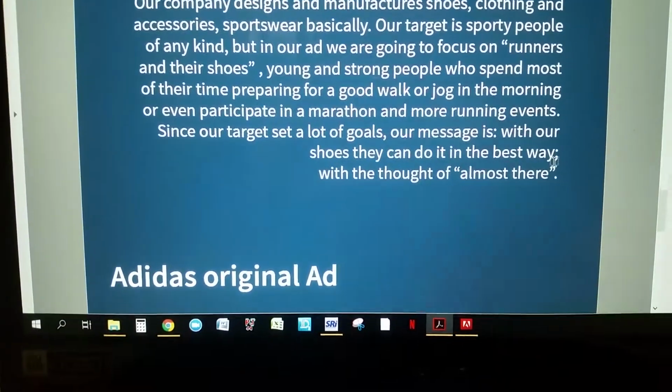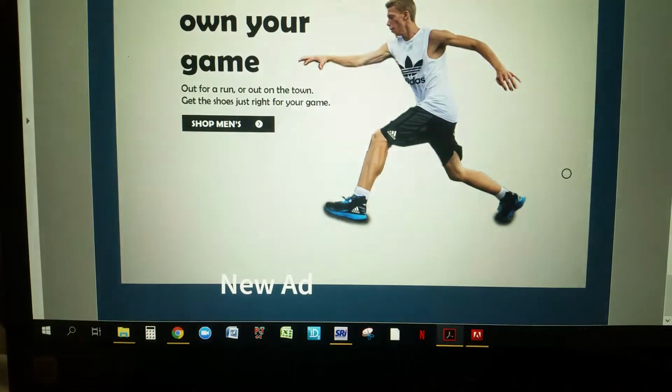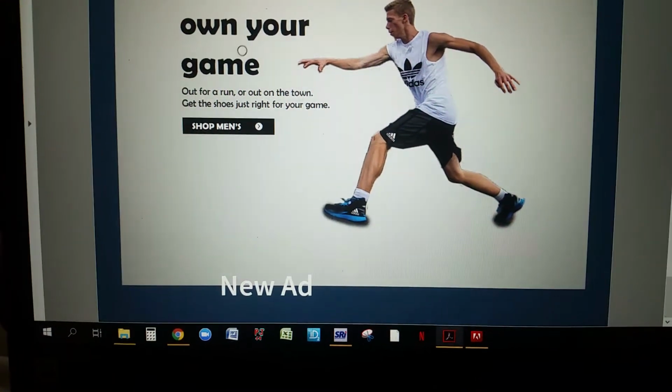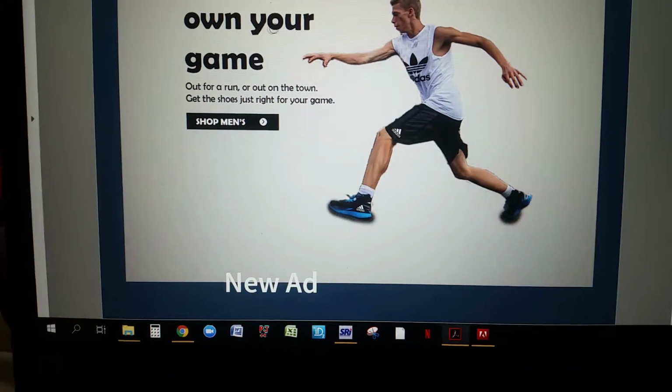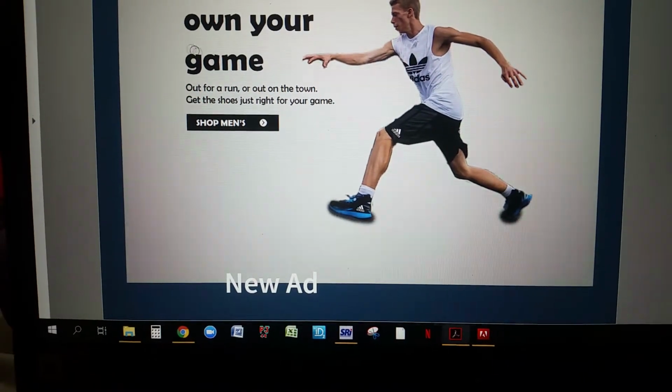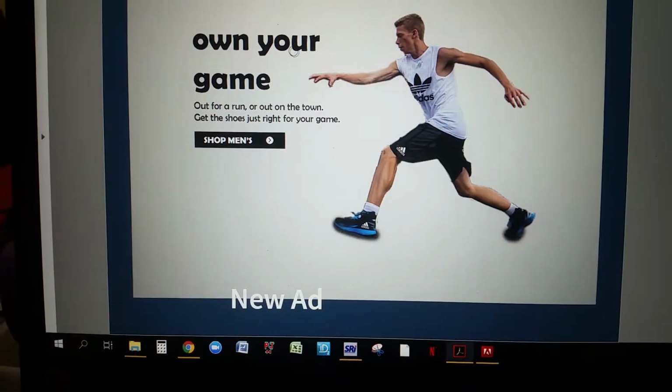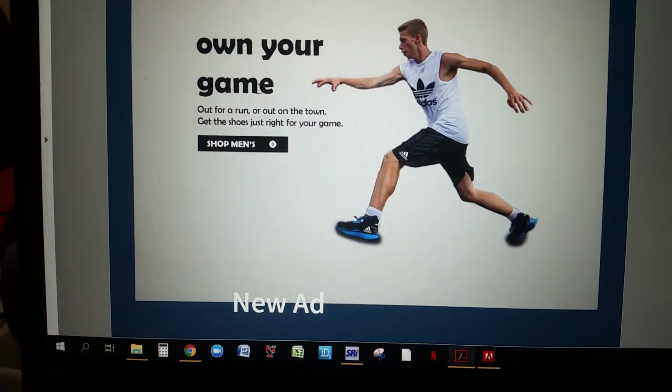So as I explained before, the company is ADIDAS, so here it is. Own your game, I couldn't find the same typography, but I still like the phrase "own your game."